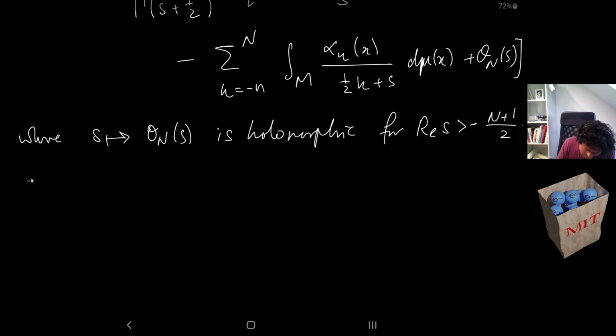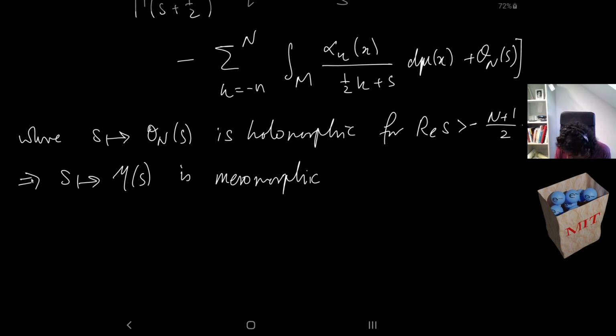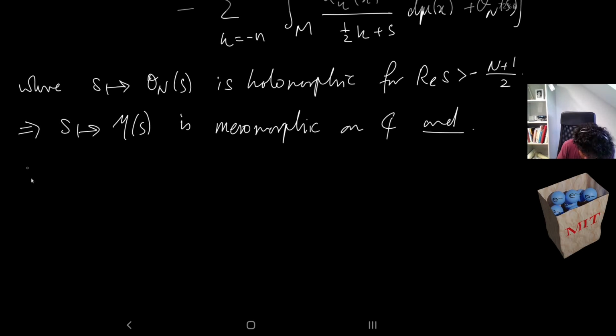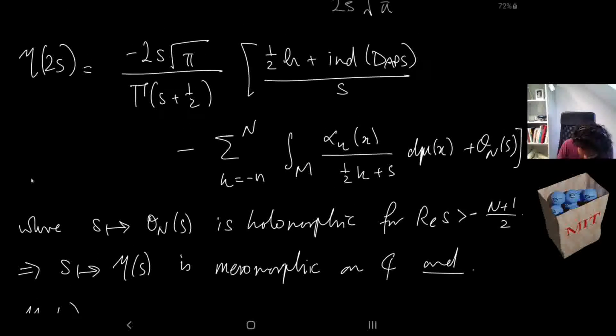So what that allows us to do is to assert that s maps to eta of s is meromorphic on C. And so now we get something: the eta invariant, so I should have written eta A here.